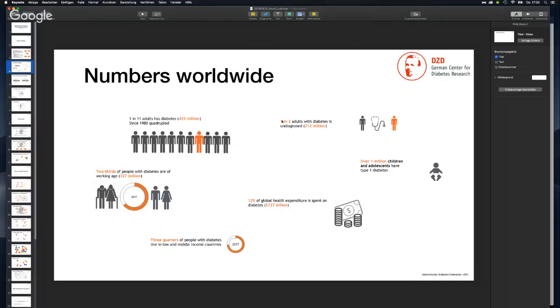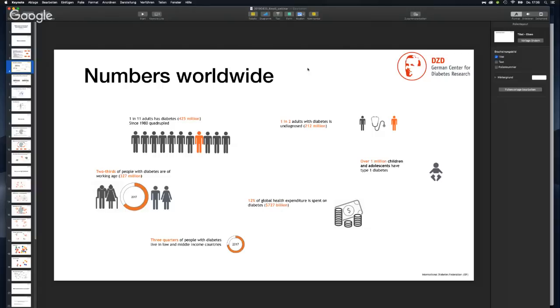Just to quickly give you some numbers on what we're talking about. Worldwide, we have 420 million patients spread across the globe, and that number has quadrupled since the 1980s, which is very alarming. We have another 200 million undiagnosed patients, so they don't know that they have diabetes.